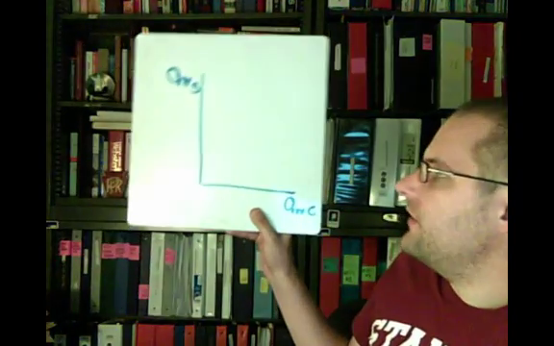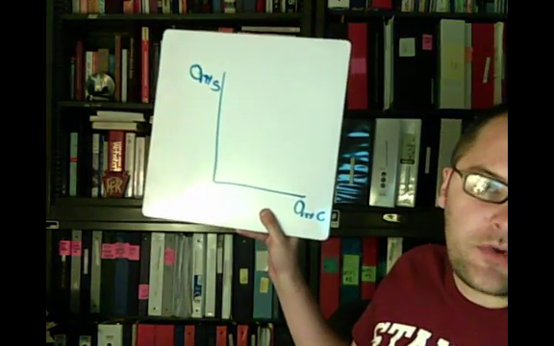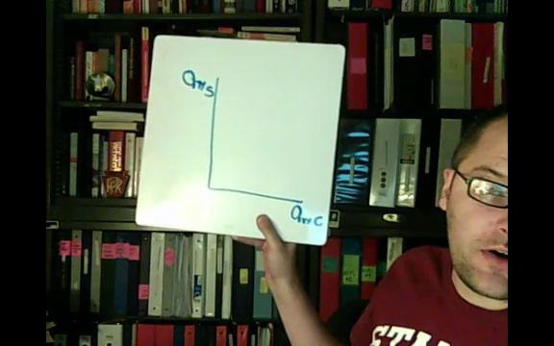Now here's the goal, or step 3 of this process. Same space, quantity of sushi, quantity of crest. Again, let's remember what we're trying to figure out here.